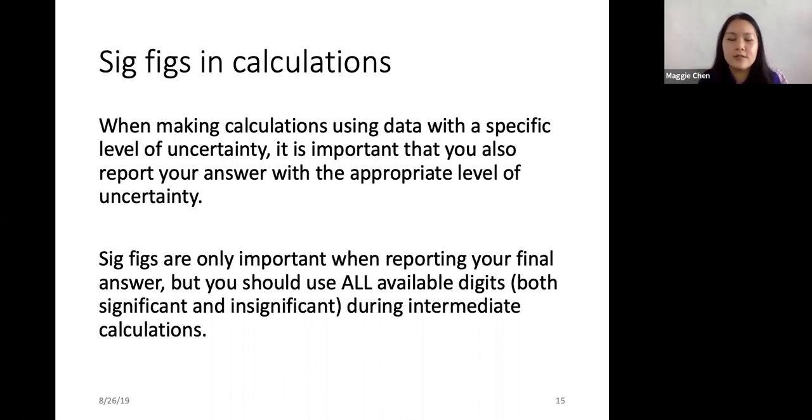So at the end, you're just going to have to round to the right amount of sig figs. Sig figs are only important when reporting your final answer, but you should use all available digits, both significant and insignificant, during intermediate calculations. At the end of your calculations, that's when you look at your initial numbers that you were working with, look at those sig figs, and then round your final answer to have the right amount of sig figs.